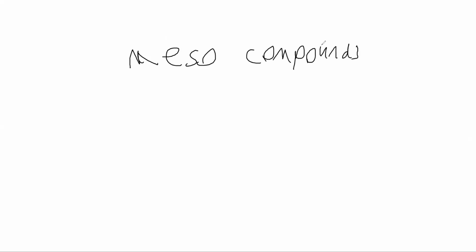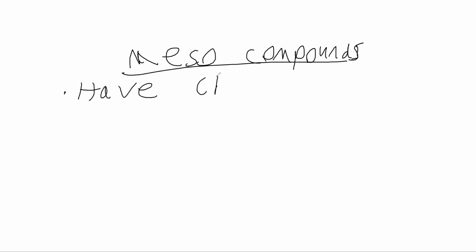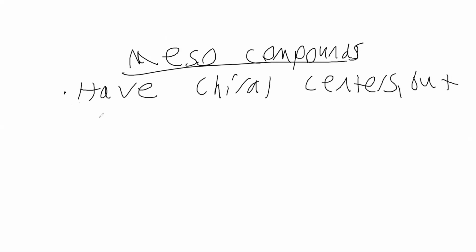And then the last kind of isomer that came up in this chapter was meso compounds. It's not a very good looking S. So a definition for meso compounds is they have chiral centers but are achiral overall.